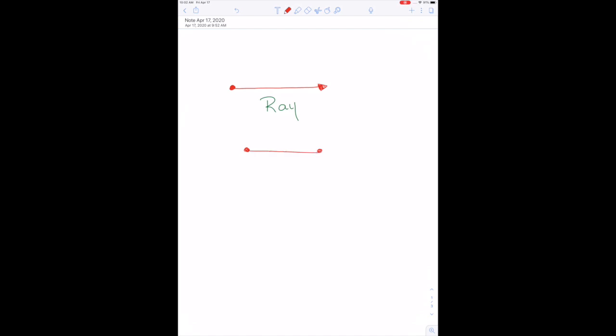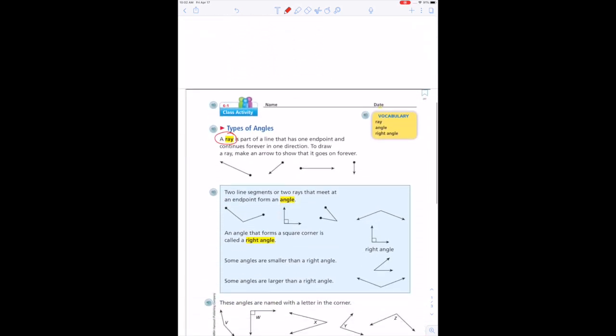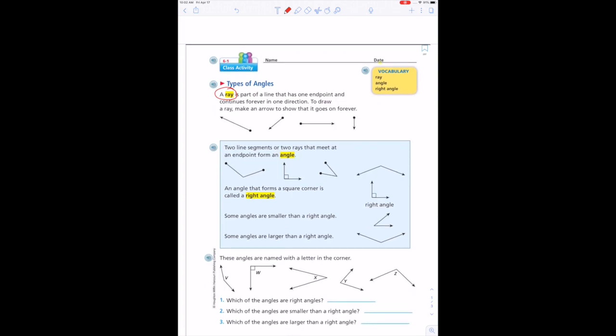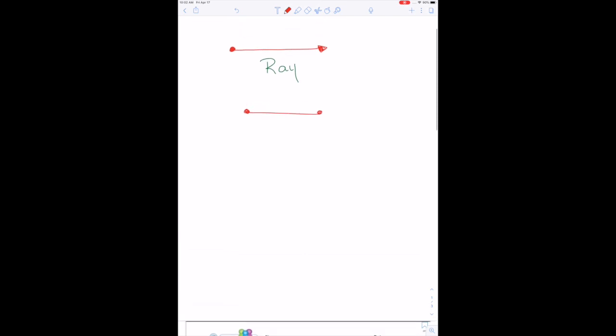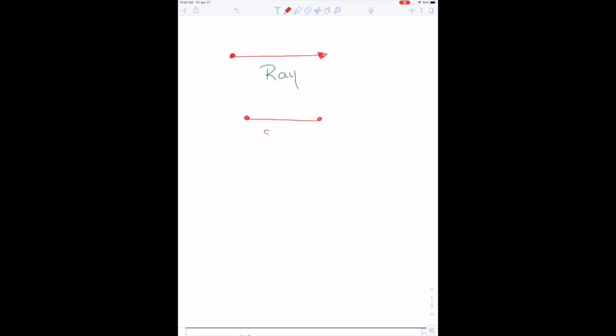This is a line segment, as we see down here. That means we have a starting point and a stopping point. See how this is different? This is a ray. It continues on forever.